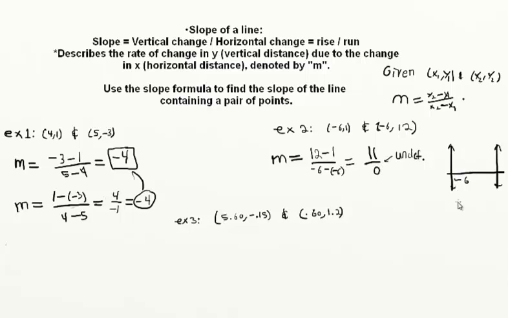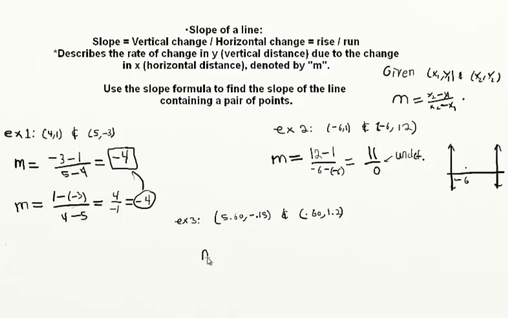All it's saying is that this slope is going to be unimaginably large, but really it just gives us a vertical line. So anytime you see an undefined slope, you know it's a vertical line. You can also see that just from the given points. This is -6, this is -6. Anytime you're given the same x value in 2 or more points, and different y values, you know it's going to be a vertical line.